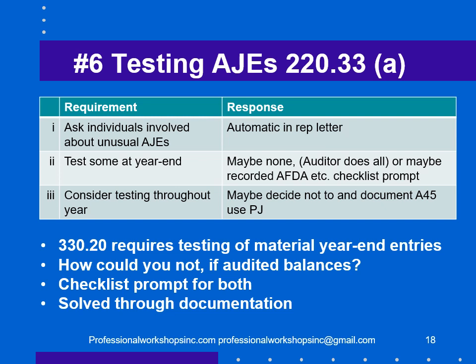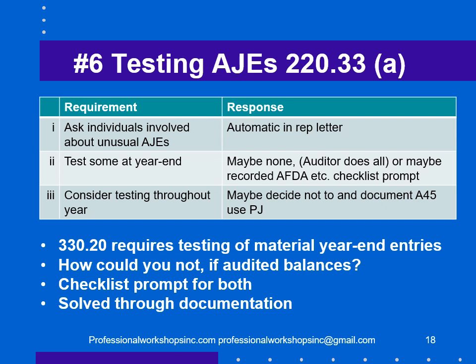That could be quite complicated. But it says consider testing at year end. So if you have a checklist step that says, I thought about it and decided not to, and I read paragraph A45 that said I could use my professional judgment, I'm going to say, well, thought about it, used professional judgment, decided I didn't need to. That's acceptable.